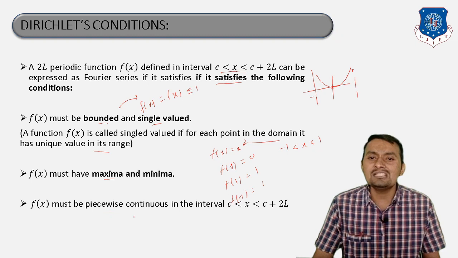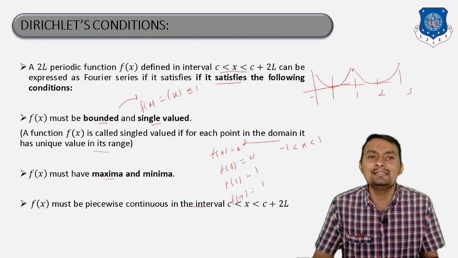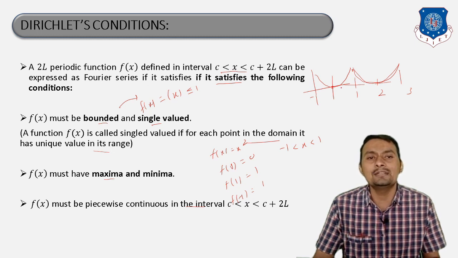f(x) must be piecewise continuous in the interval c to c+2l. If I say this function is periodic, that means I can extend this graph to 1, 2, 3, and our graph is going to be the same. Therefore from this figure also we can conclude that this function is periodic.